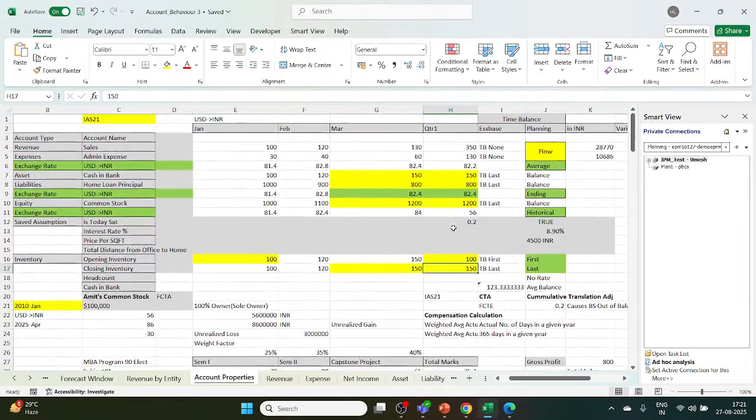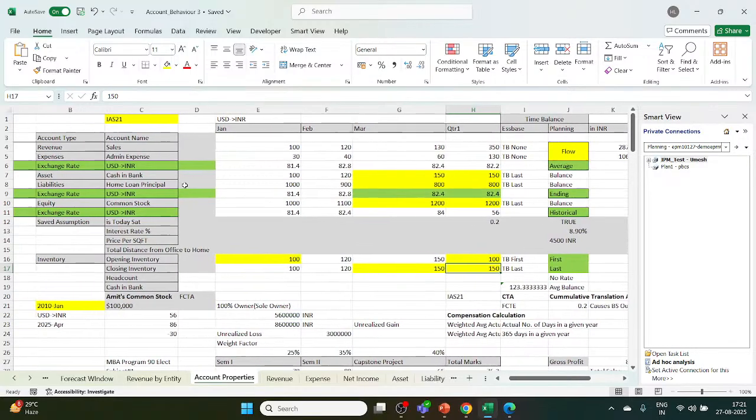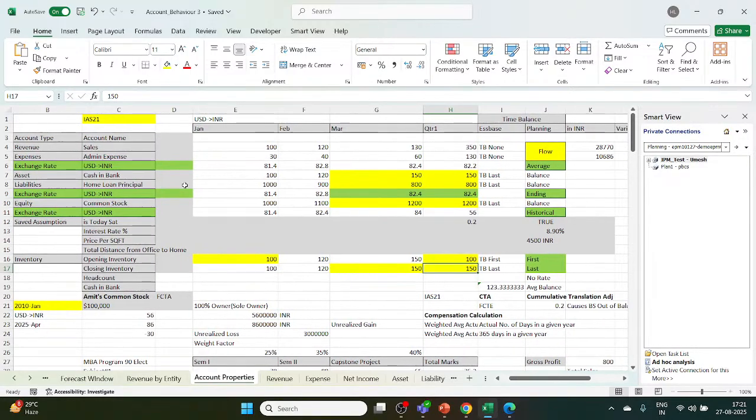In the Excel based presentation, you can see the average or ending exchange rate, when we take the average exchange rate and when we use the ending exchange rate, like revenue or expense.